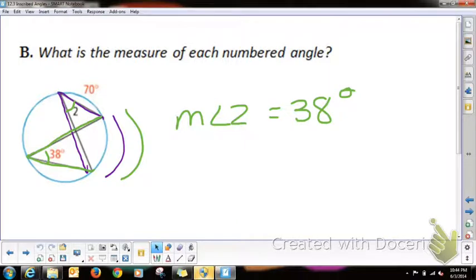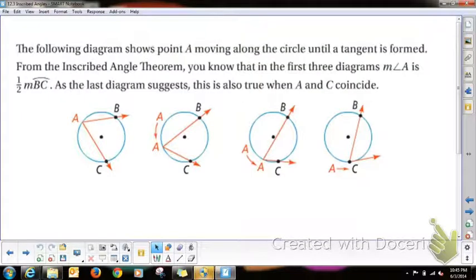Again, that easy. The following diagram shows point A moving along the circle until a tangent is formed. Remember, a tangent is a line that is outside a circle and just touches it at one point, a tangent point. From the inscribed angle theorem, you know that in the first three diagrams, the measure of angle A is half the measure of arc BAC.